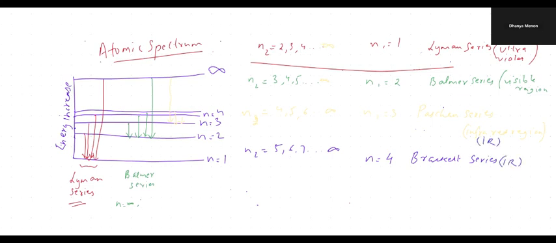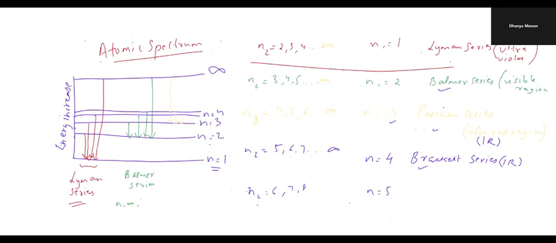So these are the series obtained when the electron jumps from a higher energy level. If it is jumping to N1, we get the Lyman series. If it's jumping to N2, we get the Balmer series. If it is jumping to N3, we get the Paschen series. If it is jumping to N4, the Brackett series. We have yet another series called the Pfund series when it is jumping from a higher energy level to N is equal to 5.